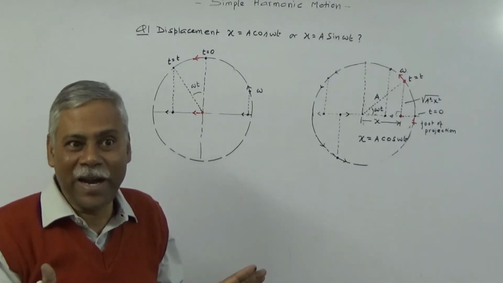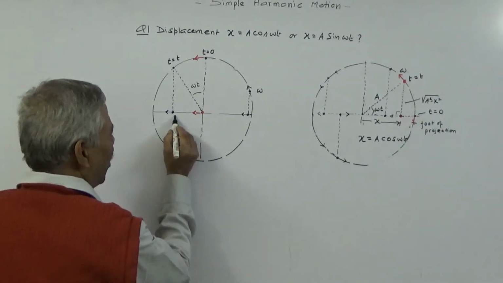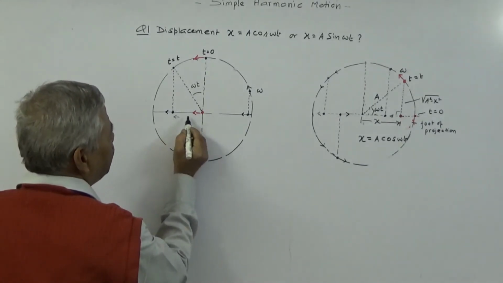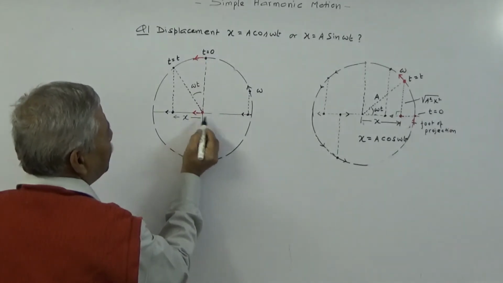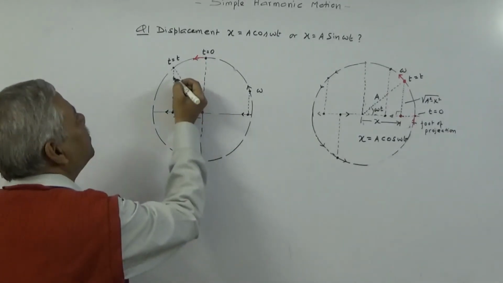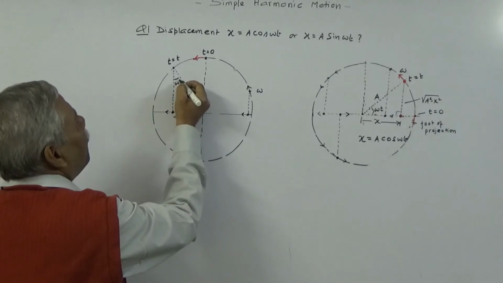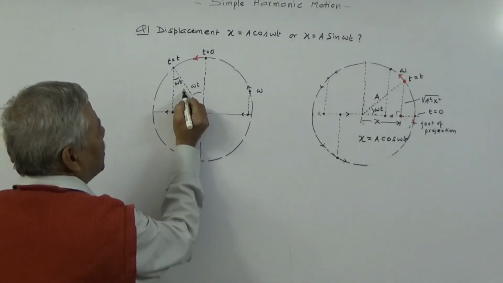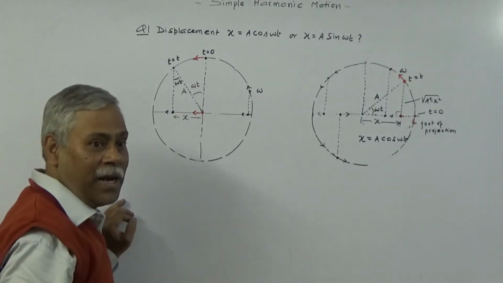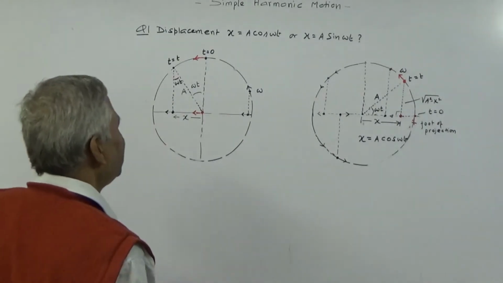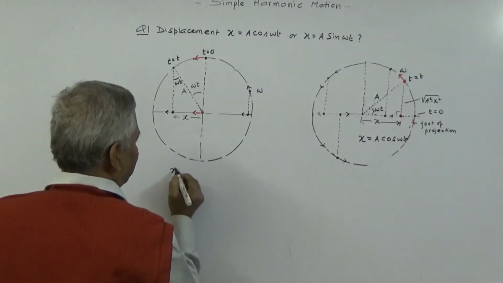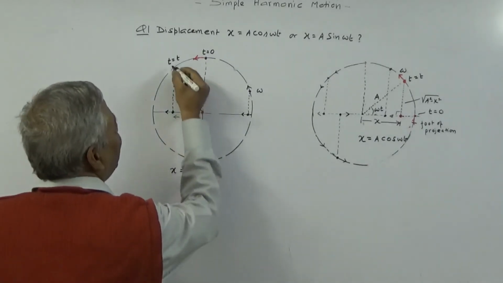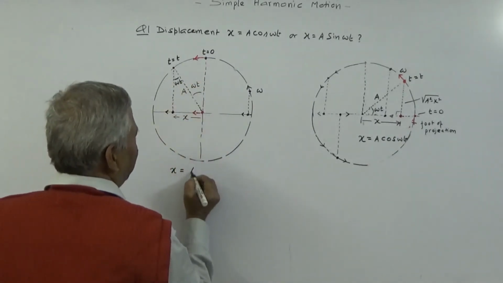There is no change in that convention. This is x. This angle is omega t. Amplitude is a. So how much is x in this case? x equal to a cos omega t.